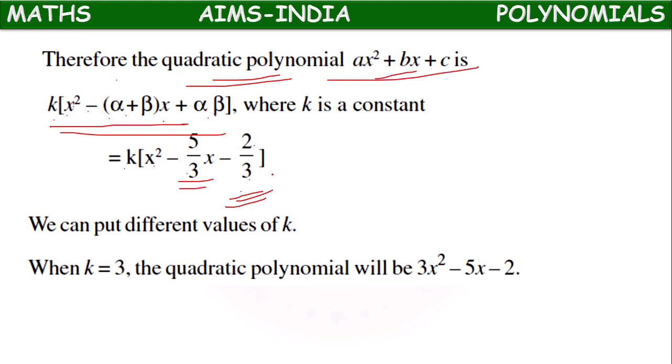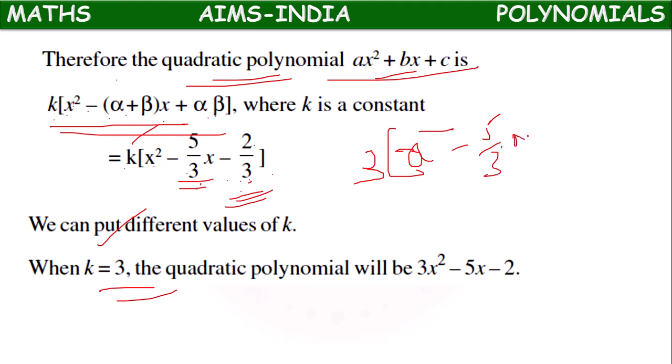Because here 3 is there, in the place of k we can take any constant. For cancellation of 3 we can keep the value 3 here. So in the place of k we can keep 3. Then it will become 3 into x square minus 5 by 3 x minus 2 by 3.